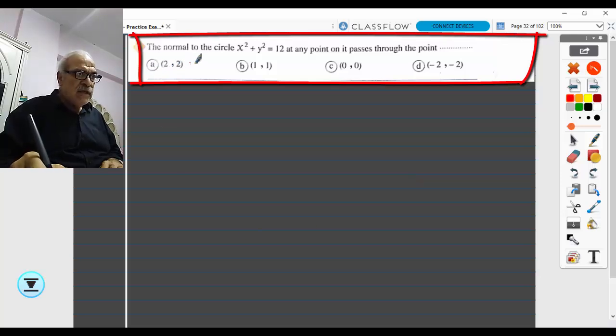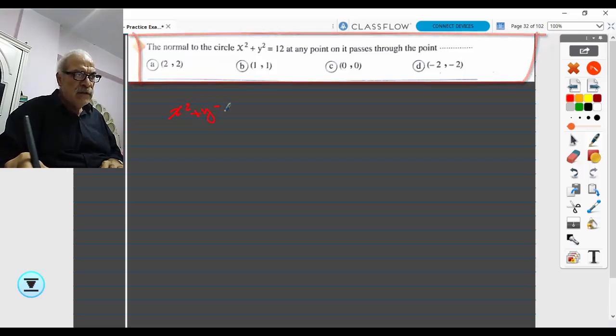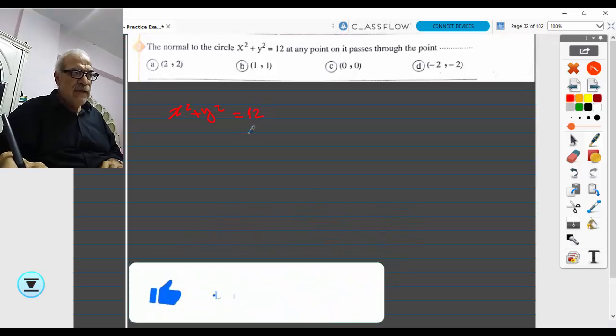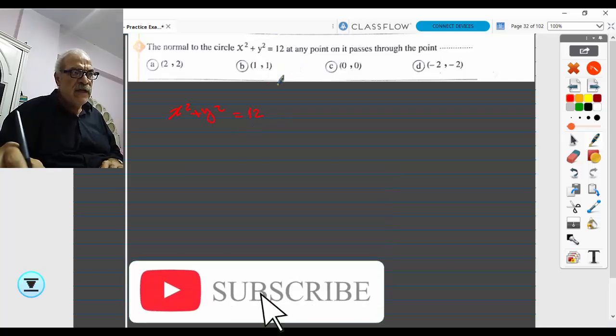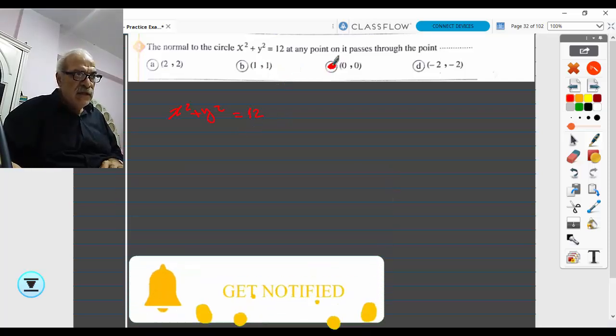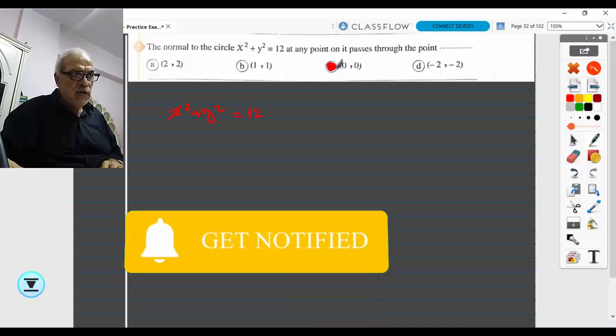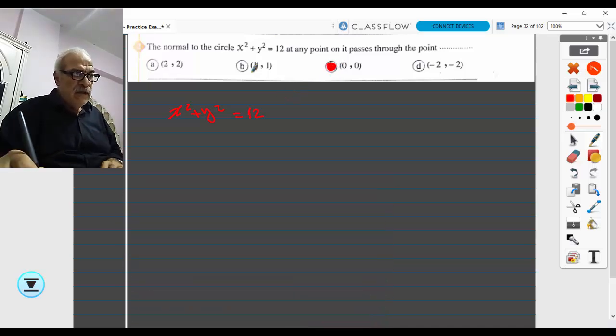Question 2. The normal to the circle x squared plus y squared equals 12 at any point on it passes through the center. And the center of this circle is 0 and 0. So the solution will be letter C. You know that x squared plus y squared is the equation of a circle. Its center is the origin point.